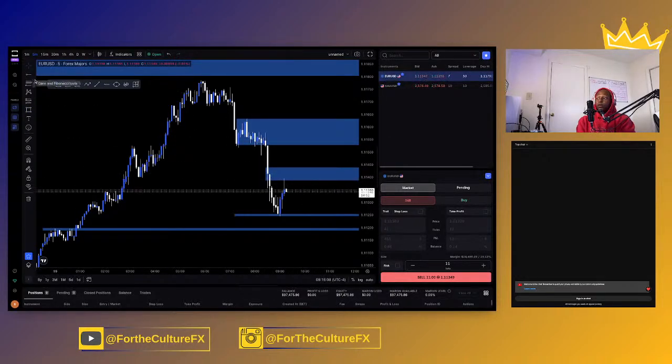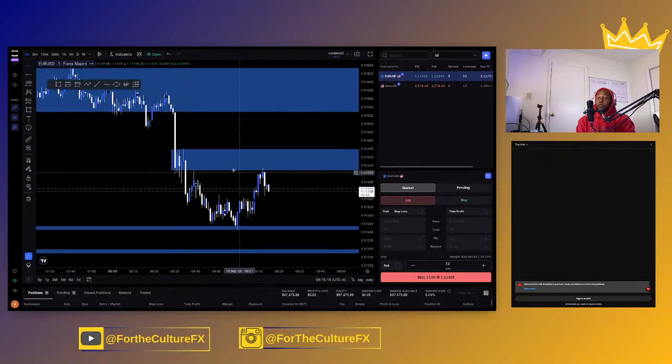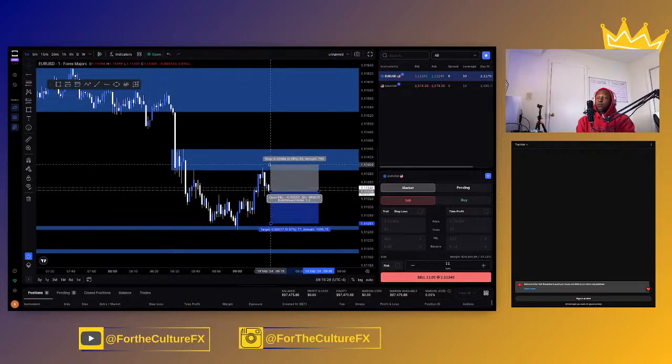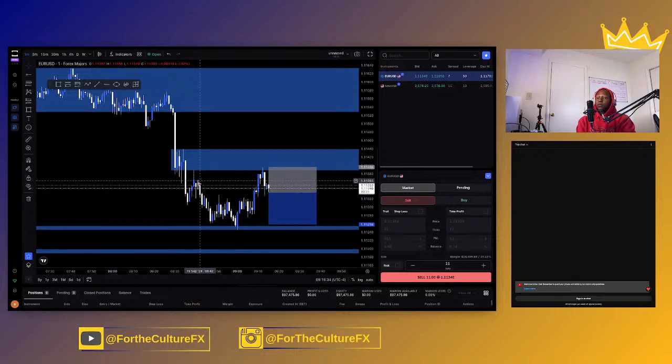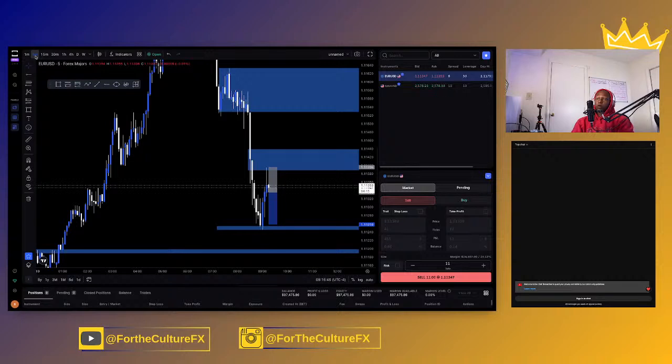Okay, we got kind of a rejection off of this level here. Previous 5-minute candle did close bullish, so we have to, or yeah.